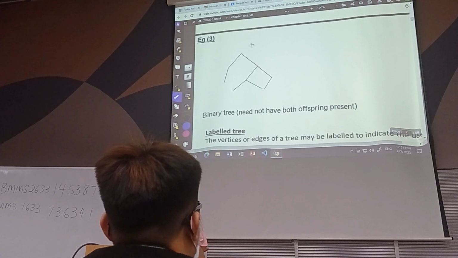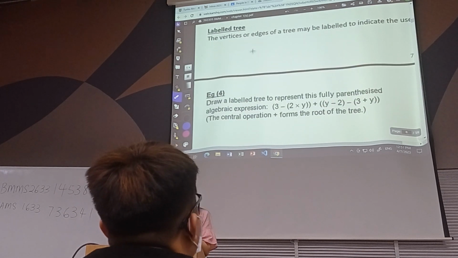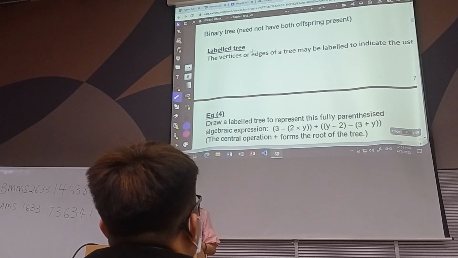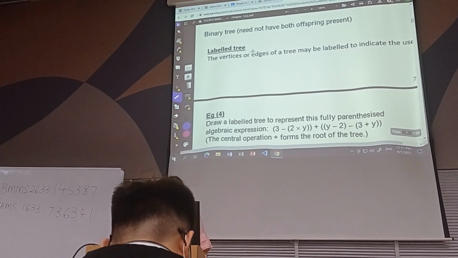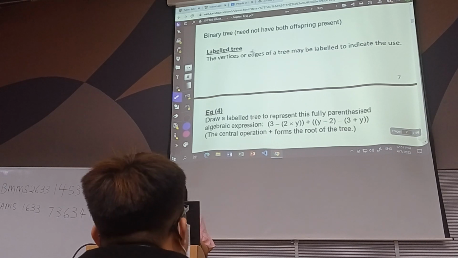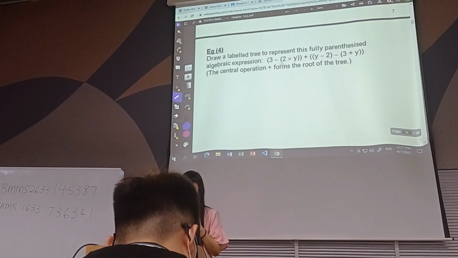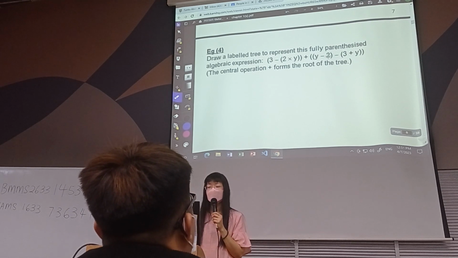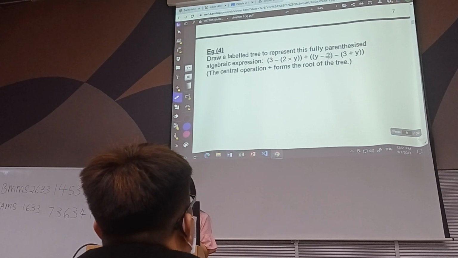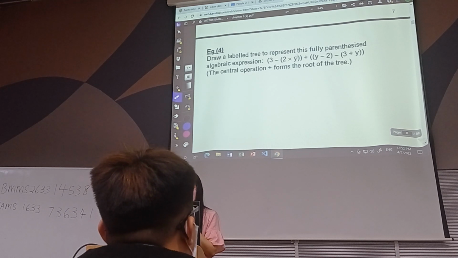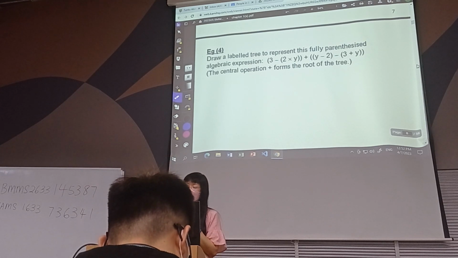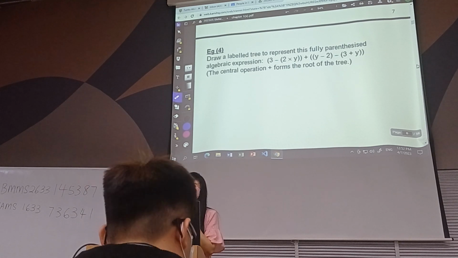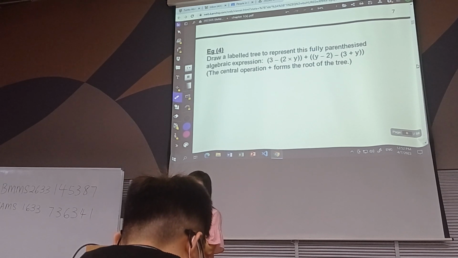So we look at the level 3. Let's say you have, now we draw this expression using the tree to draw. When we draw it, we need to see which one is the root. From the brackets given like this, we need to decide which one will be the left hand side of the root and which one will be the right hand side of the root.